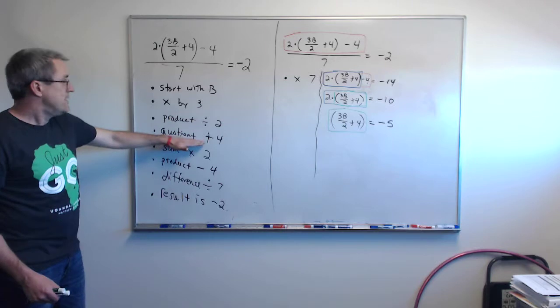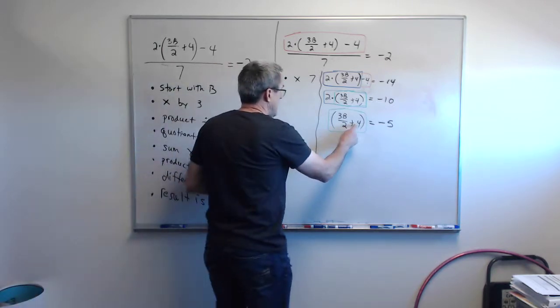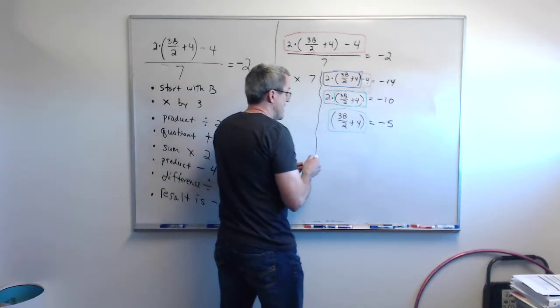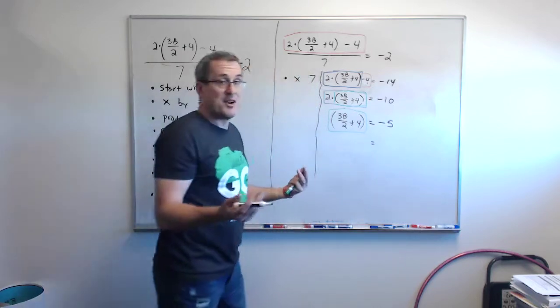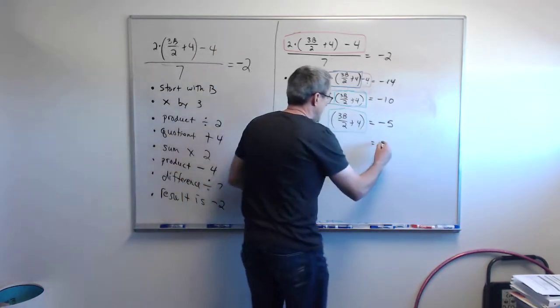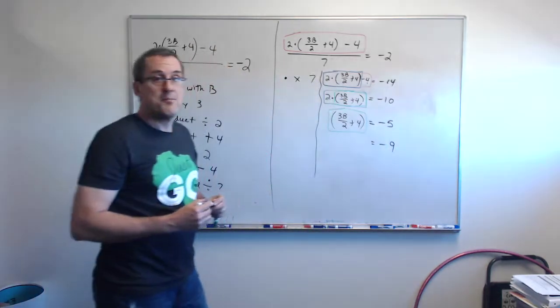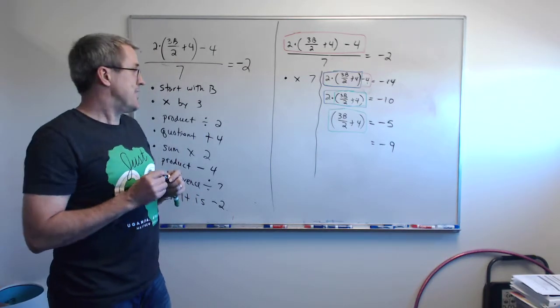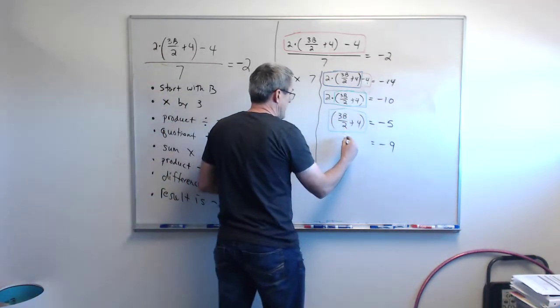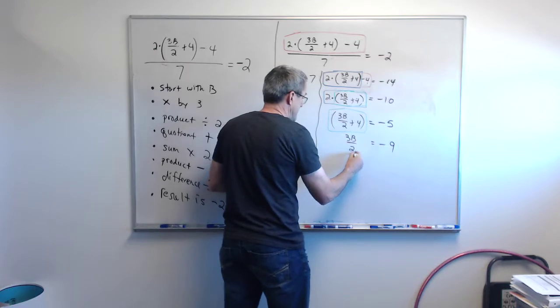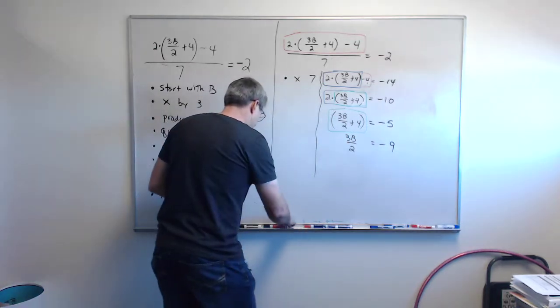What's next? Add 4. Let's just add 4 here. So now I'm going to subtract 4. If you subtract 4, you're going to get negative 9. Negative 5 minus 4, negative 9. Over here, if you subtract 4, 3b divided by 2. Let's go back to red.